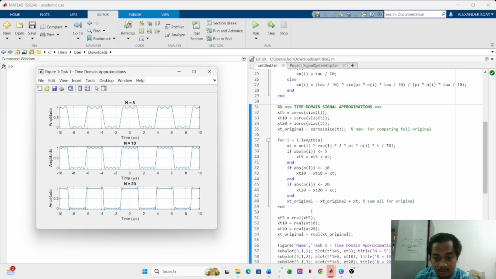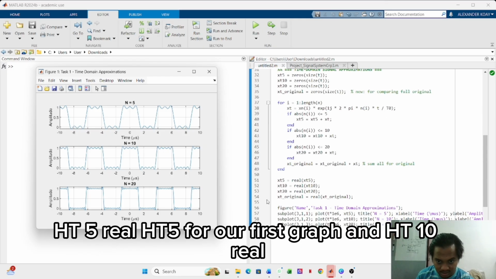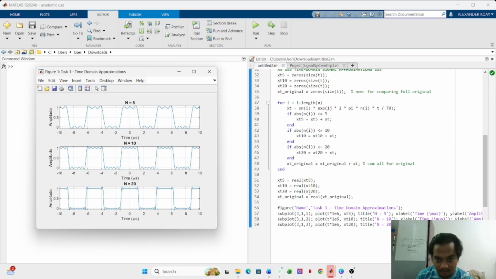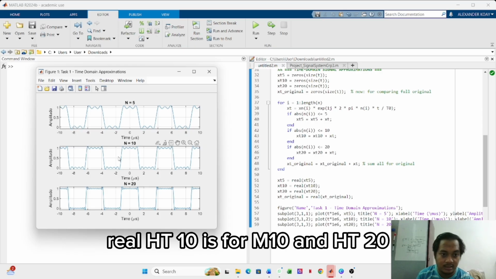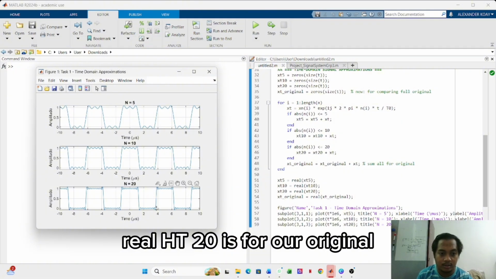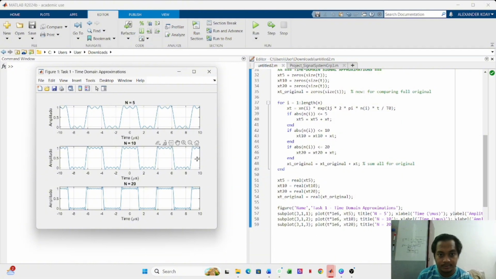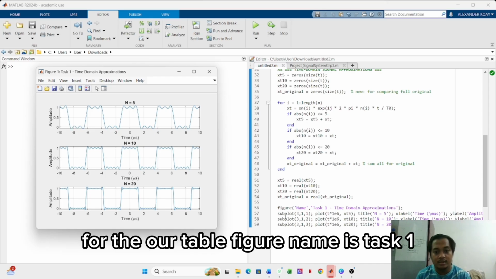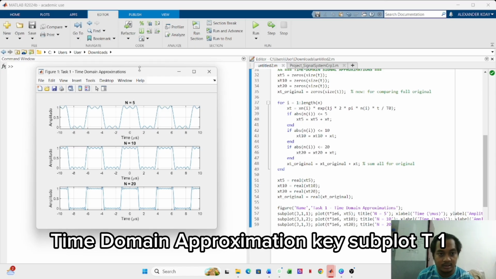Okay, xt5 real is our first graph for N5, xt10 real is for N10, and xt20 real is for our original. For our figure, the name is task 1 time domain approximation.